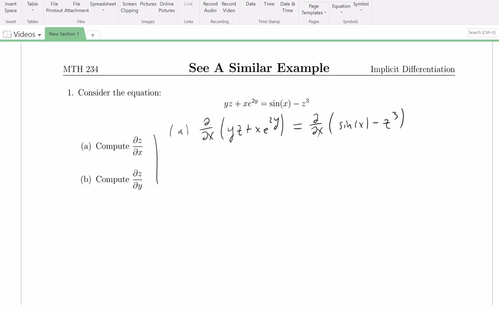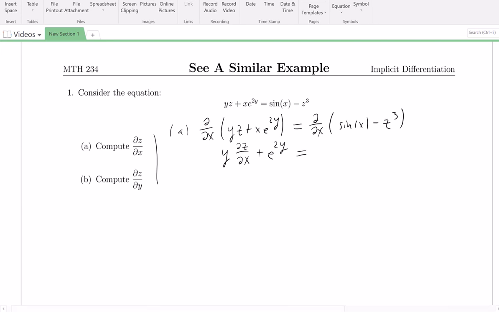So, in this first term, y is just a constant, so it just comes out. So this is just y times partial z partial x. And similarly in the second term, e to the 2y is just a constant, and the derivative of x is just 1.